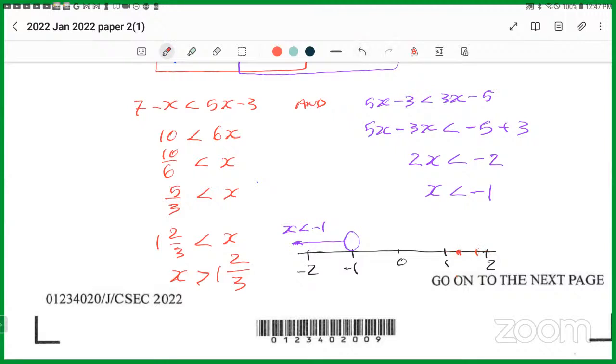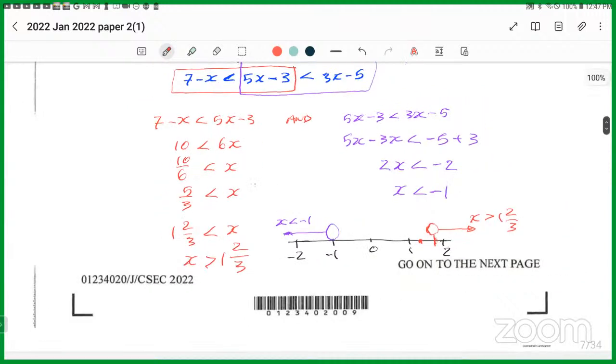Put the circle on that one, and then you're greater than it, so you go on to the right. That is the solution, x greater than 1 2/3. That will be the answer, this and that. So it will be this or that, but it's two separate intervals.